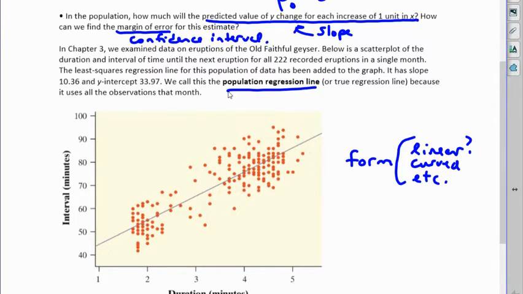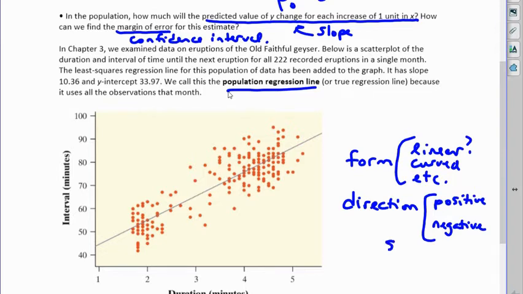The form, the direction. Is it positive going up, meaning an increase in x means an increase in y? Is it negative? That's going down, so an increase in x is a decrease in y, and that's going to be related to your slope.